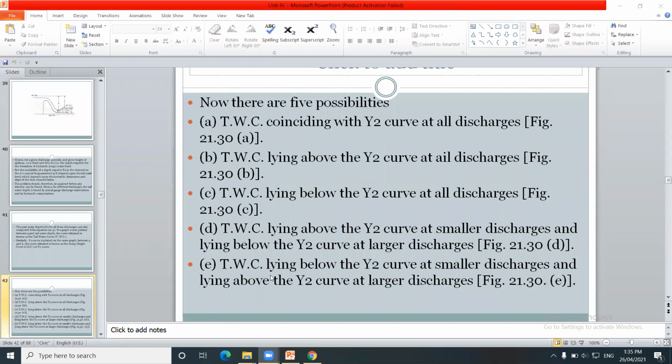In fifth possibility, TWC lying below the Y2 curve at small discharges and lying above the Y2 curve at larger discharges.